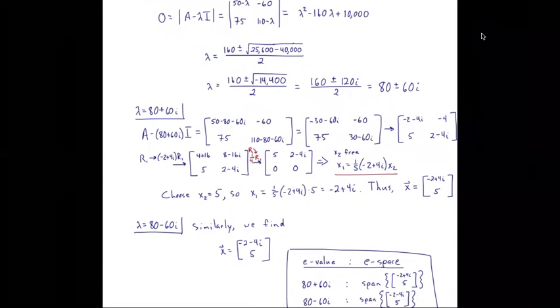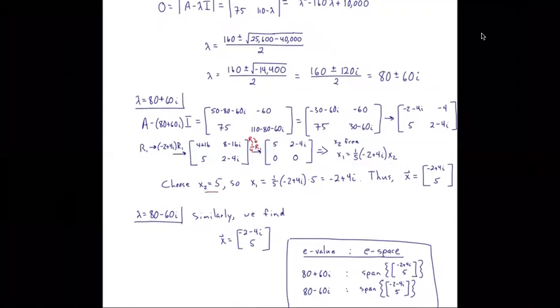Now here's a nice trick. x1 is a pretty complicated expression times x2. x2 is free. I can choose x2 to be whatever I like. So if I choose x2 to be 5, as I've done here, the reason is that I know x2 times 1/5 will cancel to 1, and that'll simplify my value for x1 a little bit. So here's that happening. We chose x2 to be 5.